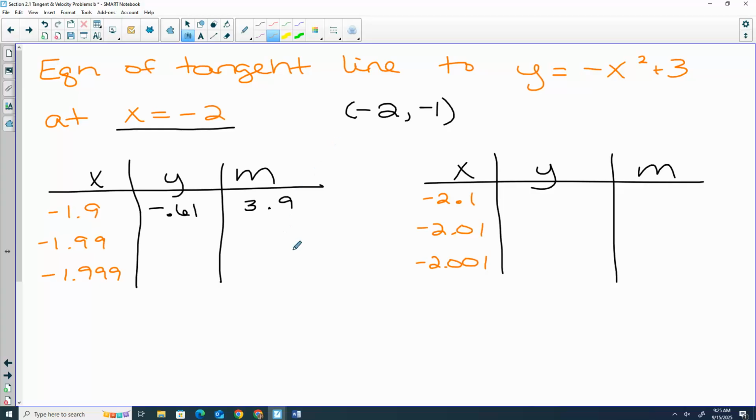All right, for negative 1.99, what'd you get for the y? Negative 0.9601. So now if we set that up, negative 0.9601 minus negative 1 over negative 1.99 minus negative 2. 3.99. All right, my negative 1.999, what did you get?